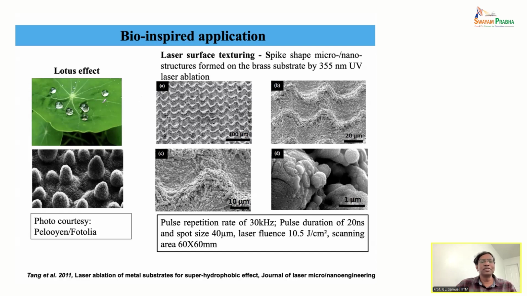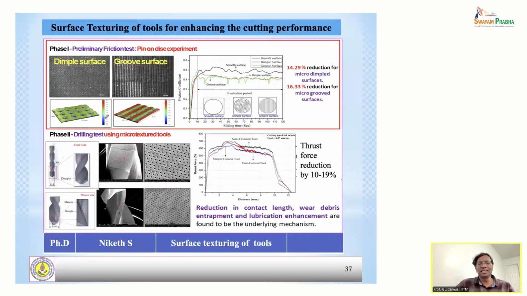If you have observed the lotus leaf, when you put water droplets, they form into beautiful spherical balls. They don't wet the surface. So what is the mechanism? That is because of the nature of the leaf. So we try to produce that kind of nature by using the texture. Details we'll be seeing in the following classes.